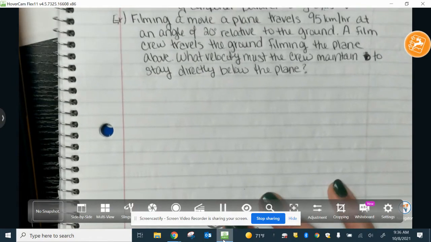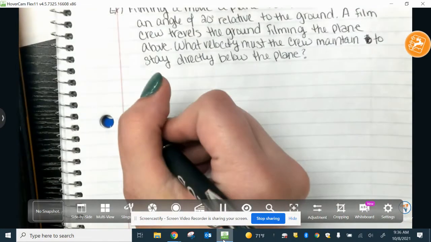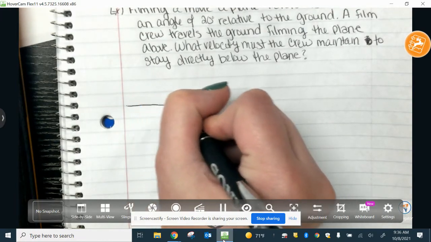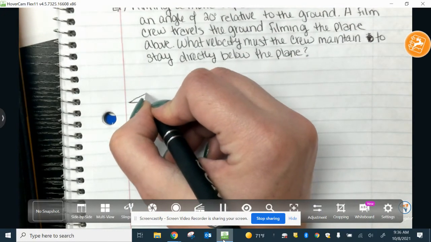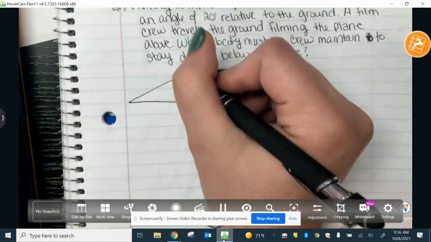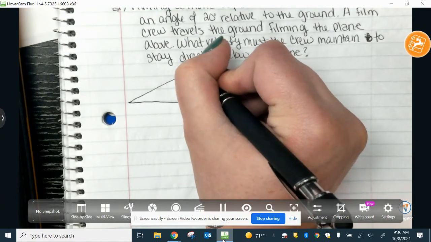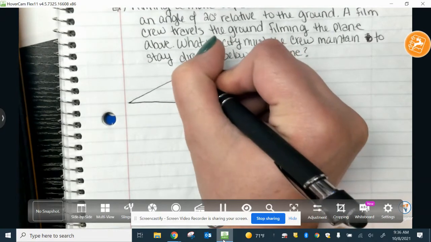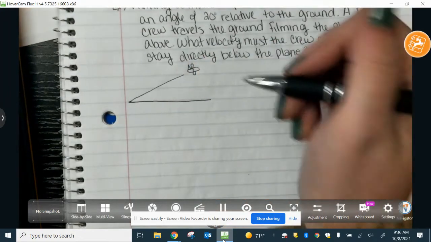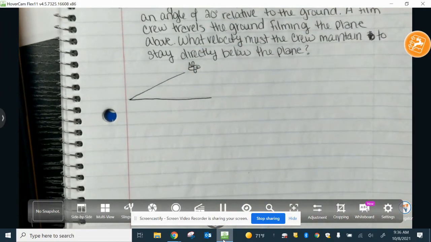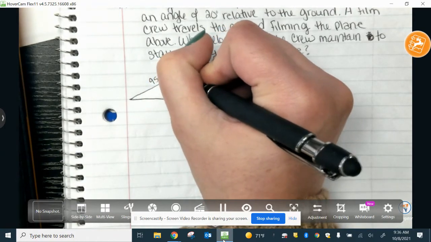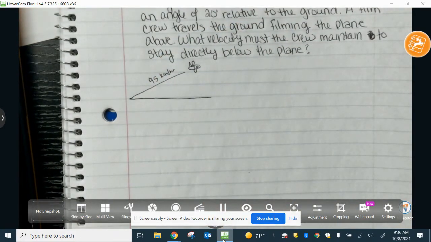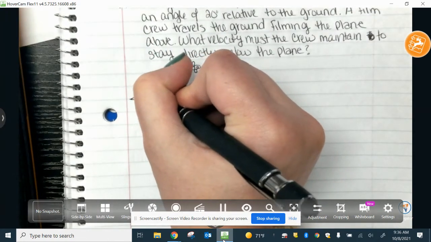So we're going to sketch this out. There's my ground. So my plane, obviously an airplane. Look, that's where the pilot would sit right there. My plane is traveling 95 kilometers per hour at 20 degrees relative to the ground.